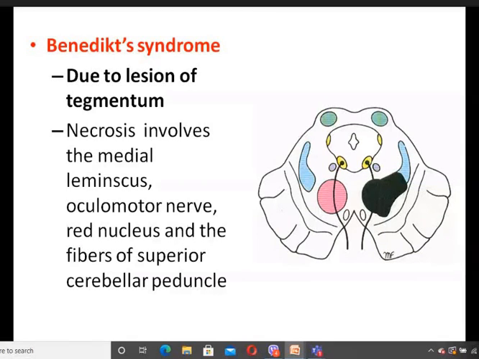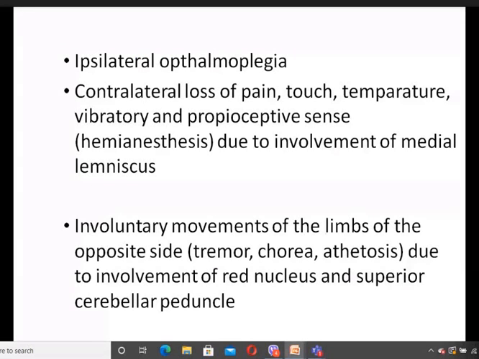Necrosis involves the medial lemniscus, oculomotor nerve, red nucleus, and the fibers of the superior cerebellar peduncle, and the symptoms may be ipsilateral ophthalmoplegia, one-sided ophthalmoplegia; contralateral loss of pain, temperature, touch, vibratory and proprioceptive sense, hemianesthesia, due to involvement of the medial lemniscus; and involuntary movement of the limbs of the opposite side, tremor, chorea, athetosis, due to involvement of the red nucleus and the superior cerebellar peduncle. Uncoordinated movement of the hands and feet will occur, leading to tremor, chorea and athetosis.